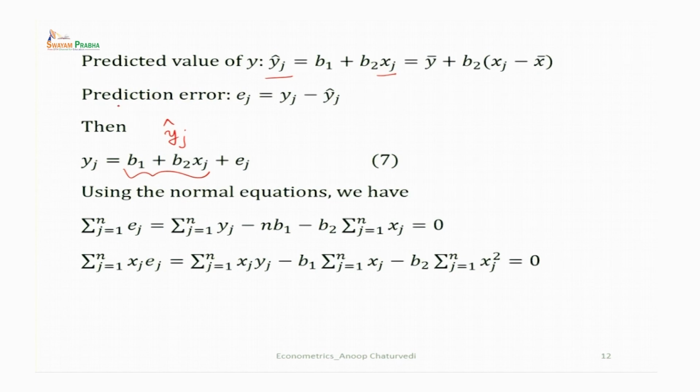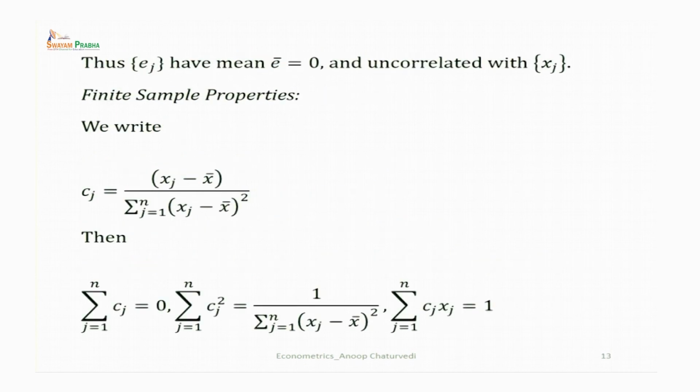So this prediction error has mean 0 and it is uncorrelated with x j's.